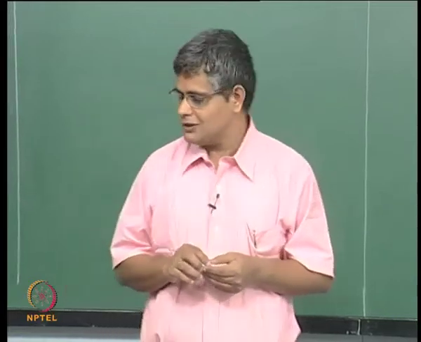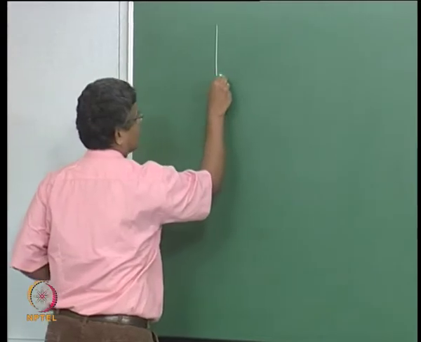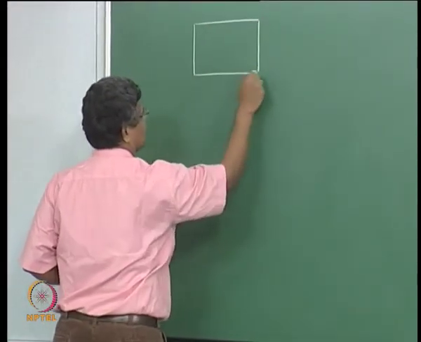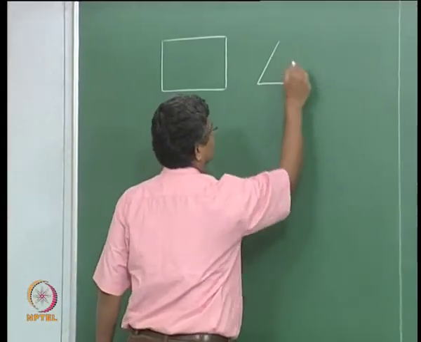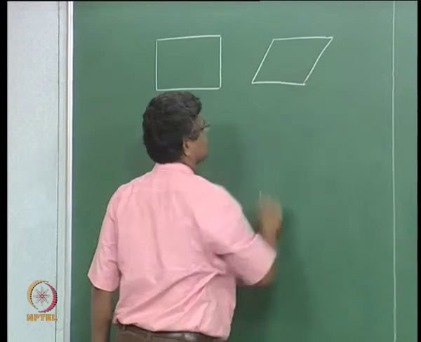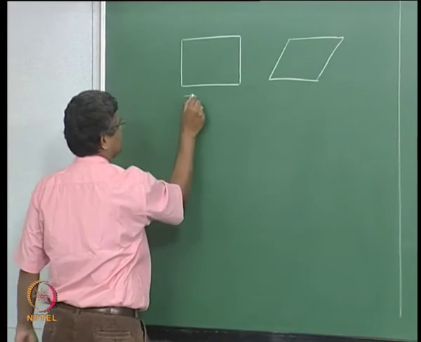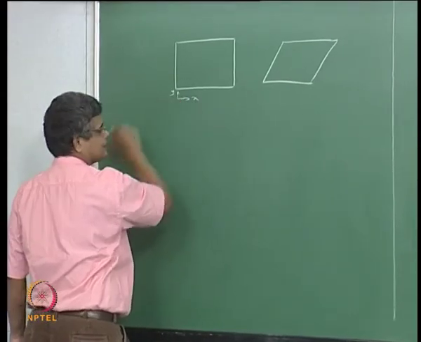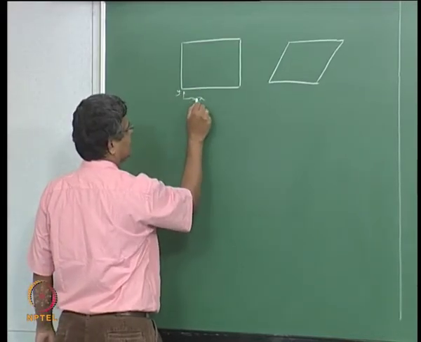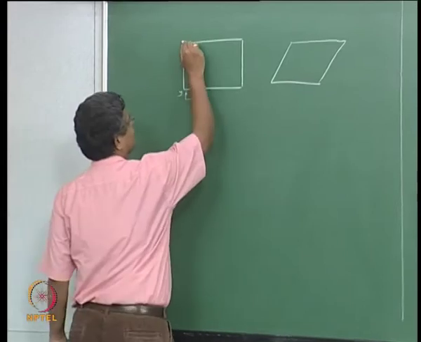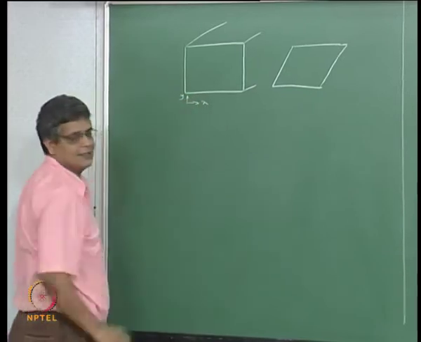But if you have, for example, a simple case of a flow domain which is not really like this, which we have already considered, but a duct like this. Here, this particular wall, if you were to describe this in terms of x and y coordinate system, this wall is along constant y line and this wall is along constant x line, and this surface is along constant z, and so on.